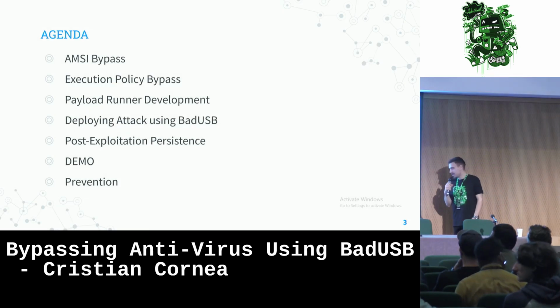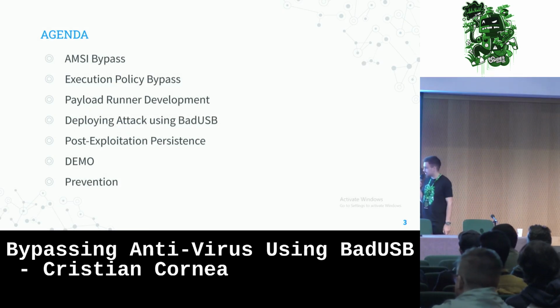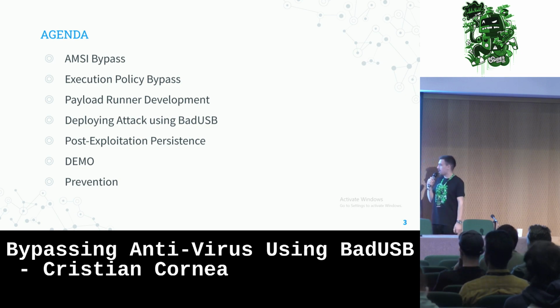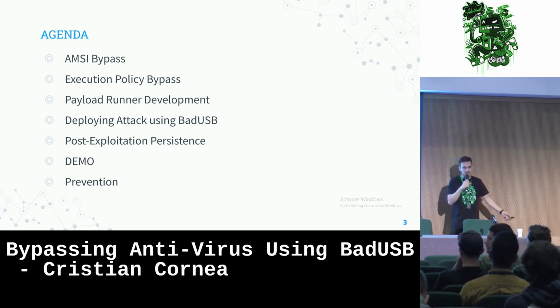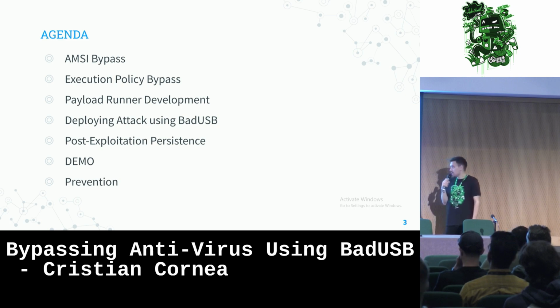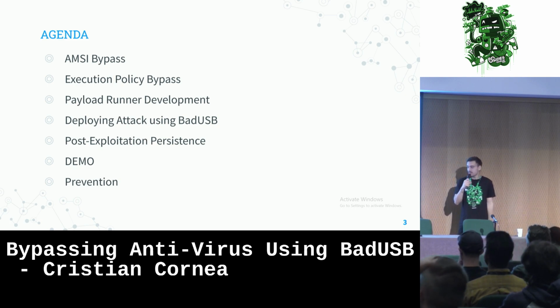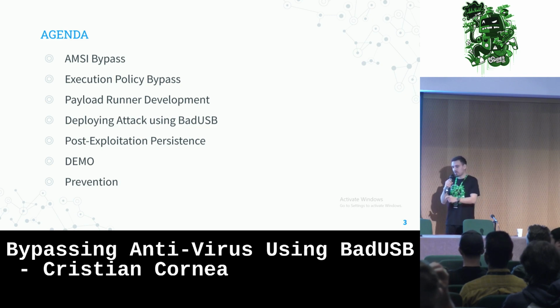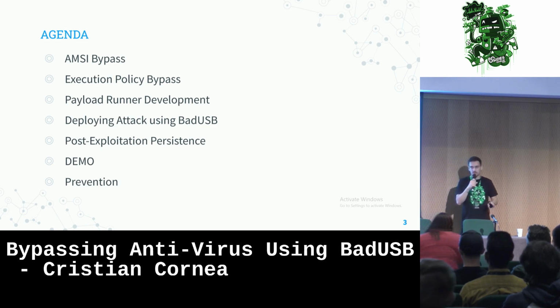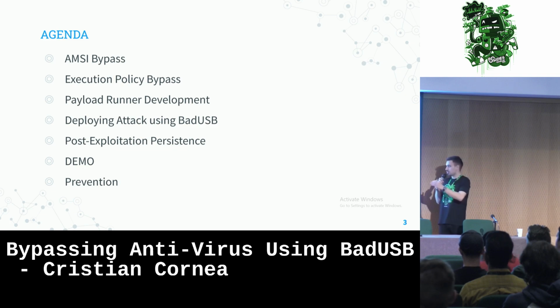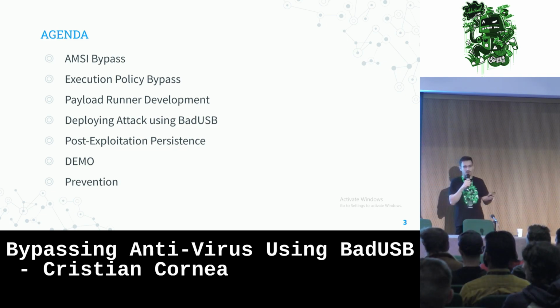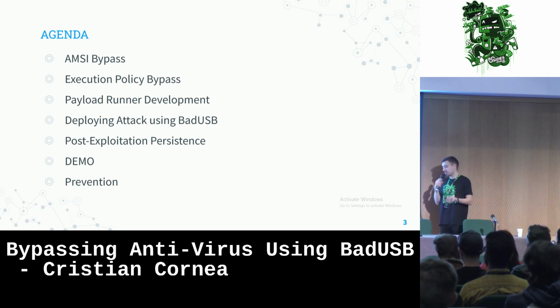So, the agenda for today is pretty simple. We'll see how AMSI can be bypassed, with an introduction to AMSI, what the execution policy is and how we can evade it, and how we can develop every bypass that we'll discuss into a runner in order to have our payload fileless. What is a fileless payload?